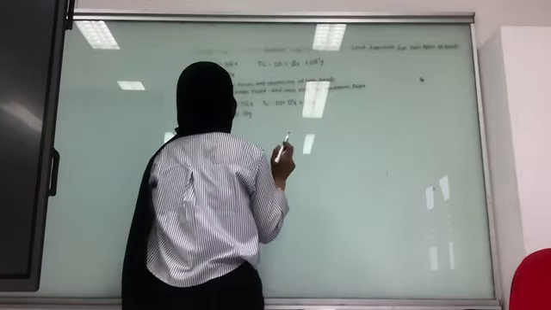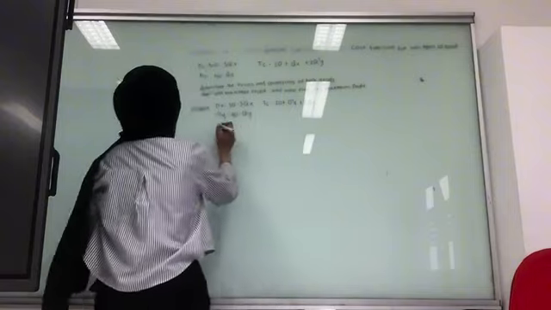Okay, next we write the total revenue, which is price times quantity.